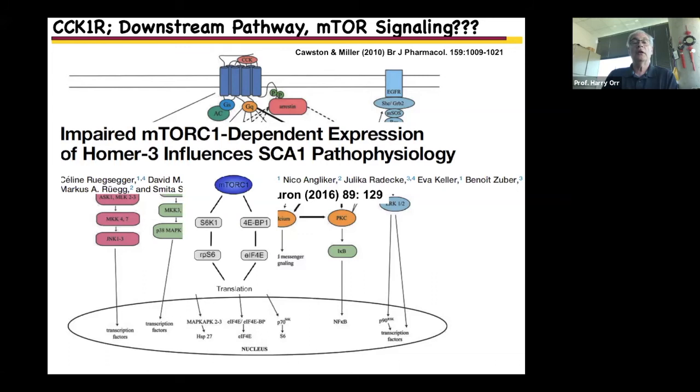And so what we did was to look at the mTOR signaling pathway in the animals receiving the agonist. And specifically, we're looking at the ability of mTORC1 to stimulate the kinase that phosphorylates the ribosomal protein S6. And so that will be the focus of the next series of studies.